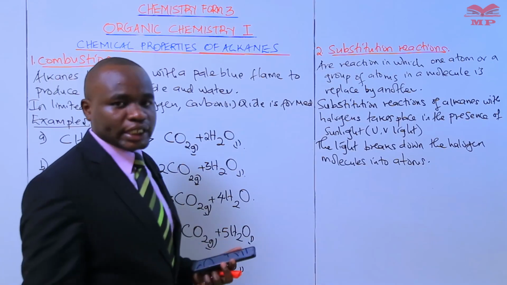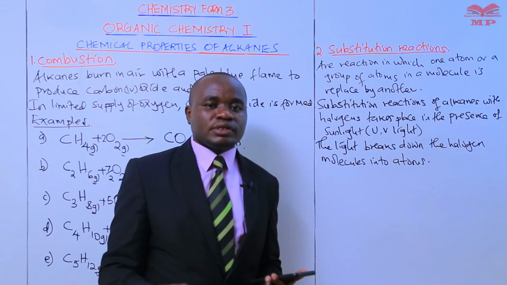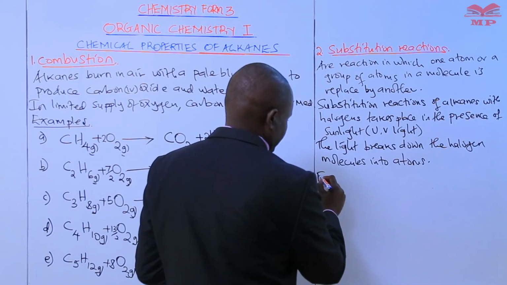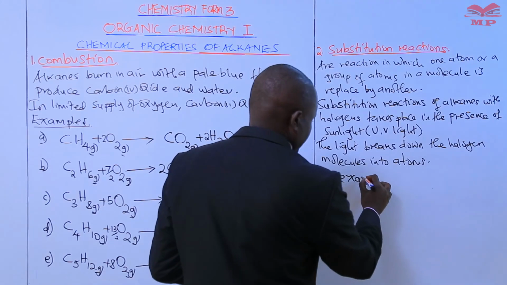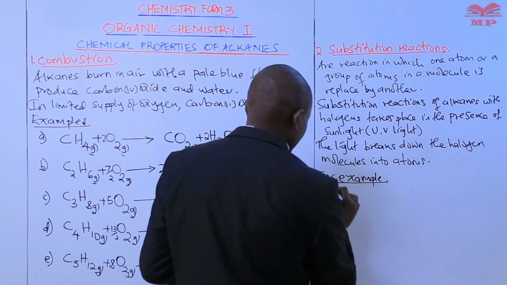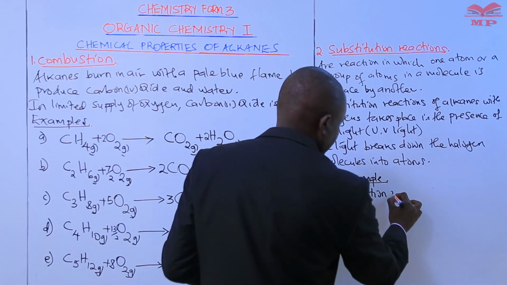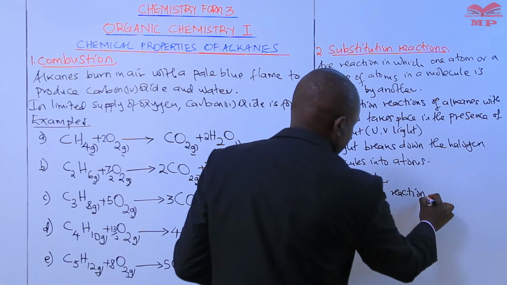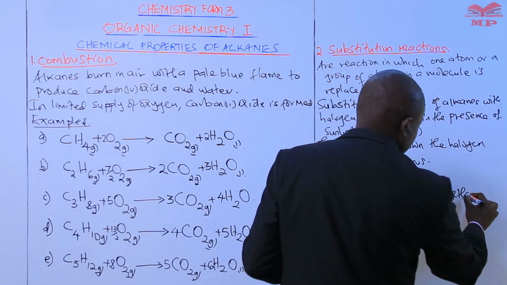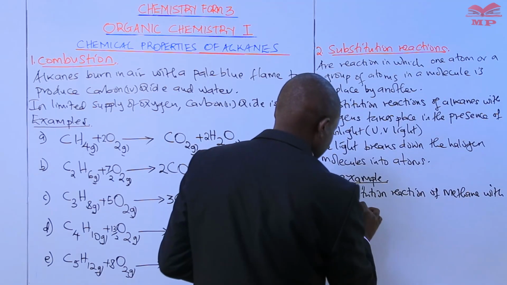So we want to look at an example of a substitution reaction that involves methane and chlorine. So first example is the substitution reaction of methane with chlorine.